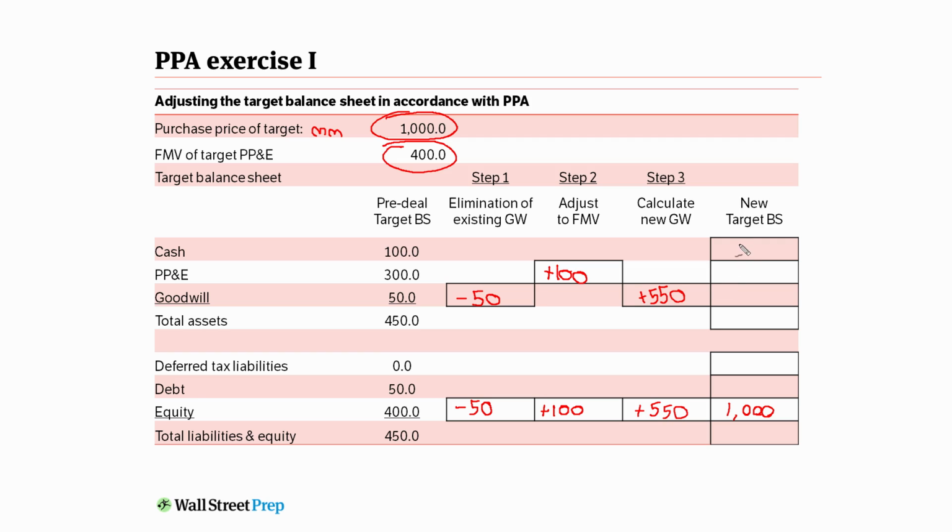And so now we can complete the new target balance sheet. Cash, of course, doesn't change. Cash is very rarely written up or down. Cash is cash. PP&E becomes that 400. Goodwill is now 550.